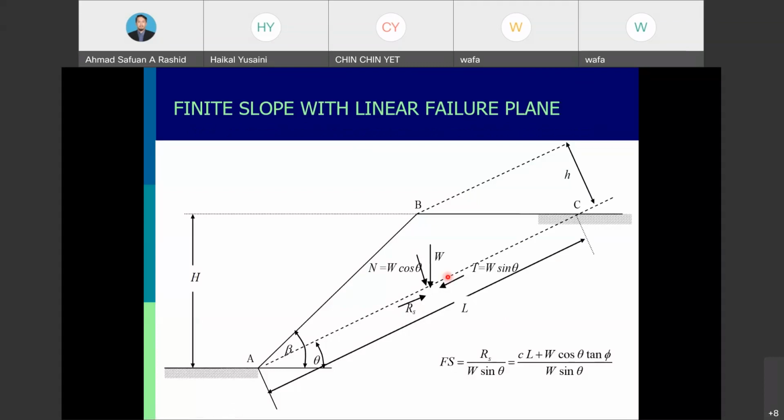As usual, when we discuss slope stability, we need to determine the weight of the potential block that will probably move. There are two conditions when we use this linear failure plane. First, when we carry out an excavation and find there will be a potential movement of a block downwards based on a linear movement.